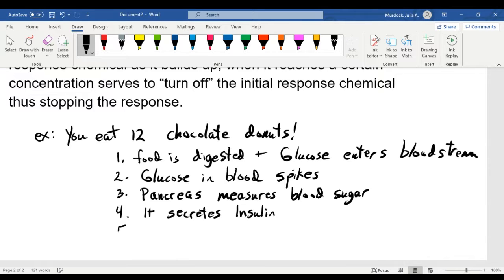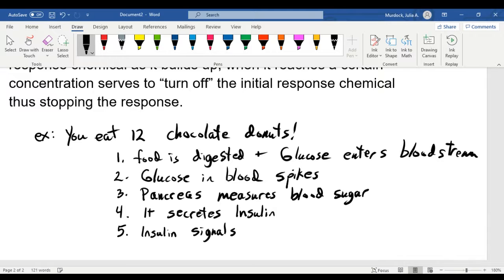Okay. What does the insulin do? The insulin is a hormone. It's going to go to the target cells in muscles and fat and your brain cells. And what will the insulin signal those cells to do? Good.